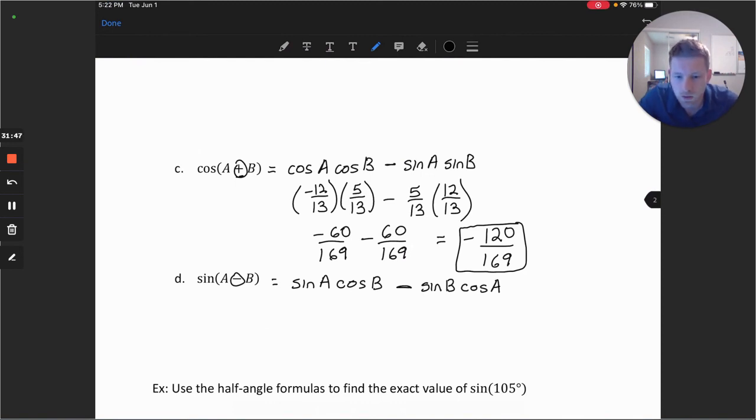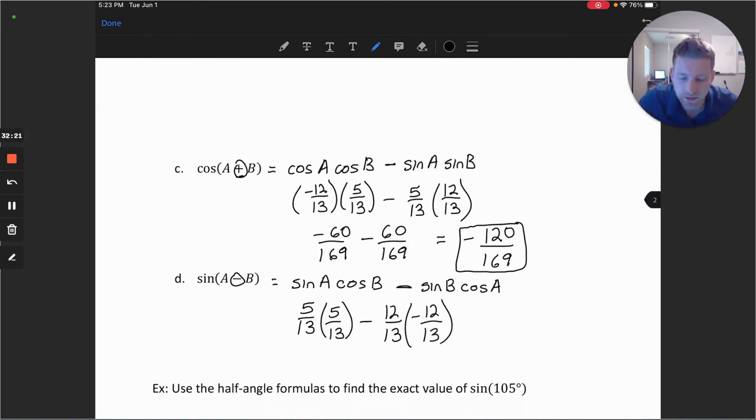And again, we know all of these components. We just have to put them in the right order. So sine of A, 5 over 13. Cosine of B, we know is again 5 over 13, minus sine of B, 12 over 13. And then the last is cosine of A, which for us was negative 12 over 13.